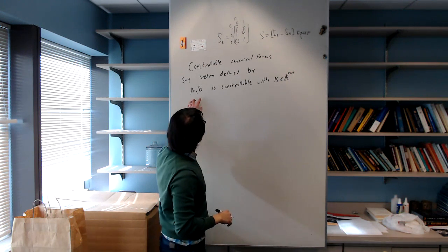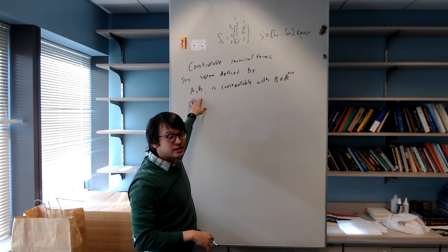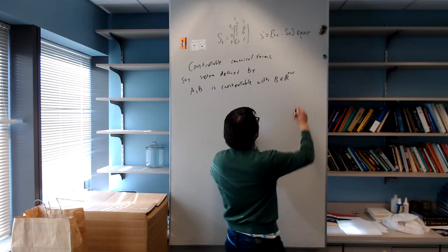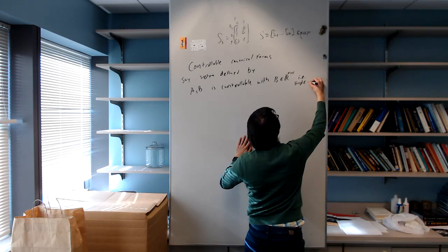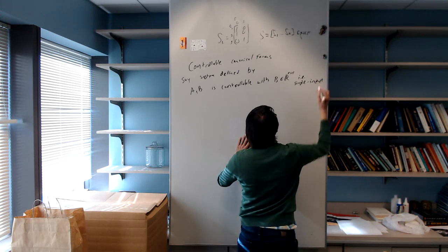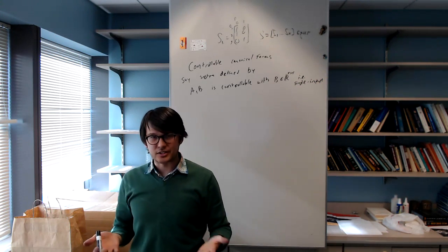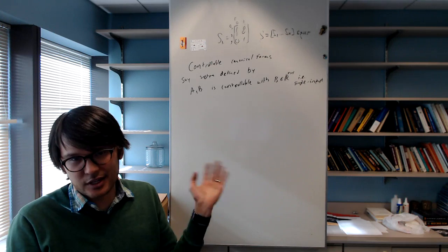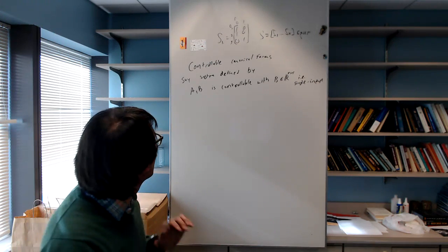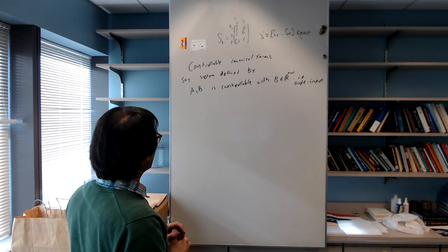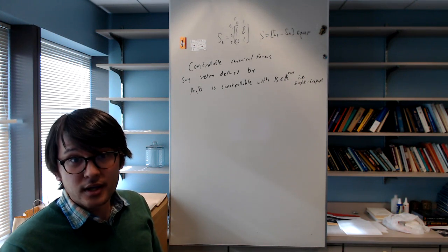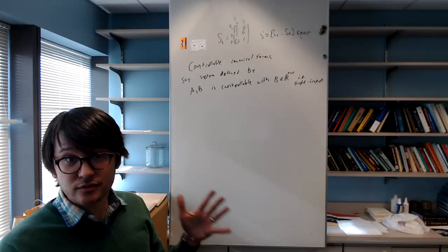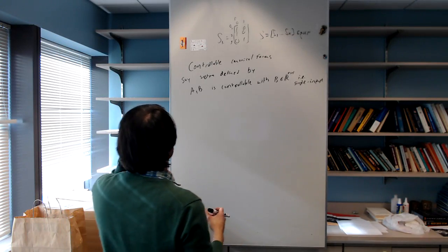So meaning this is a controllable system defined by this A, B, and we've got a single input. You can extend this to the multi-input case, but it's not the most helpful thing in the world. So what we're going to do here is show that we can always find a change of coordinates that brings us to a form.